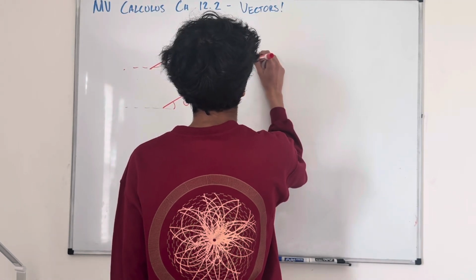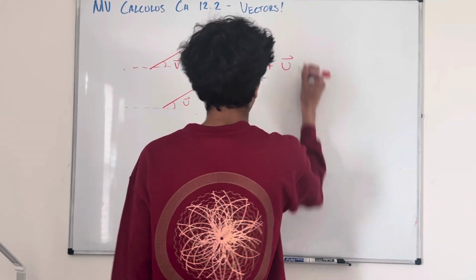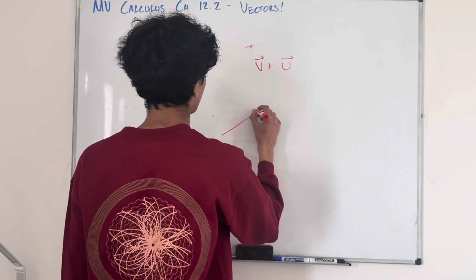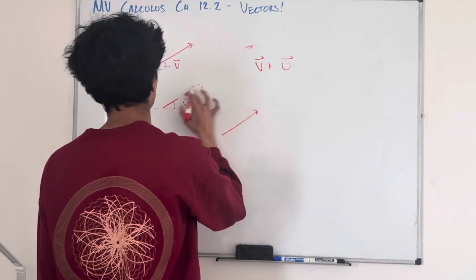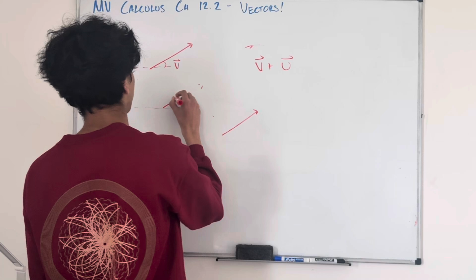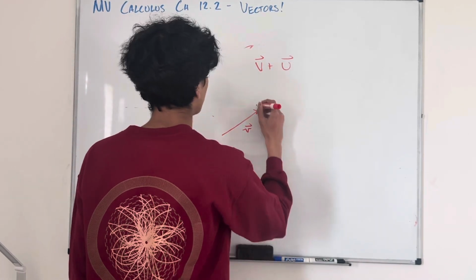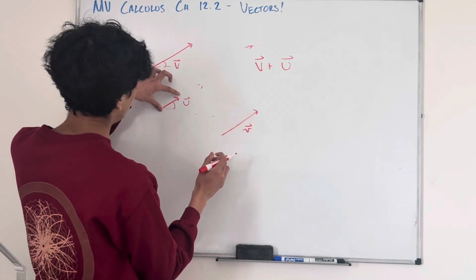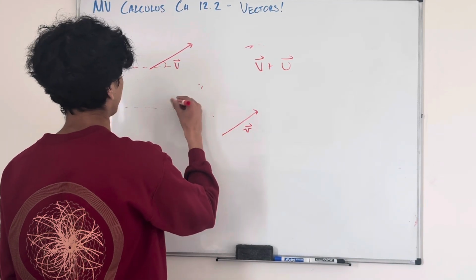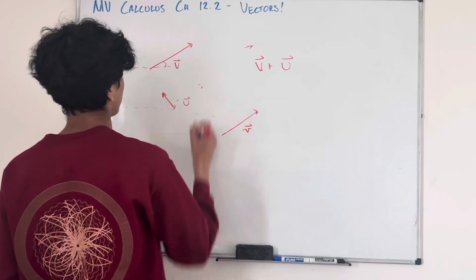if I were to do v plus u, I would take v. Just for the purposes of this, it isn't the same vector, it's a little bit shorter. I would take v, and then I would take u, and I'll direct u more like this. There we go.